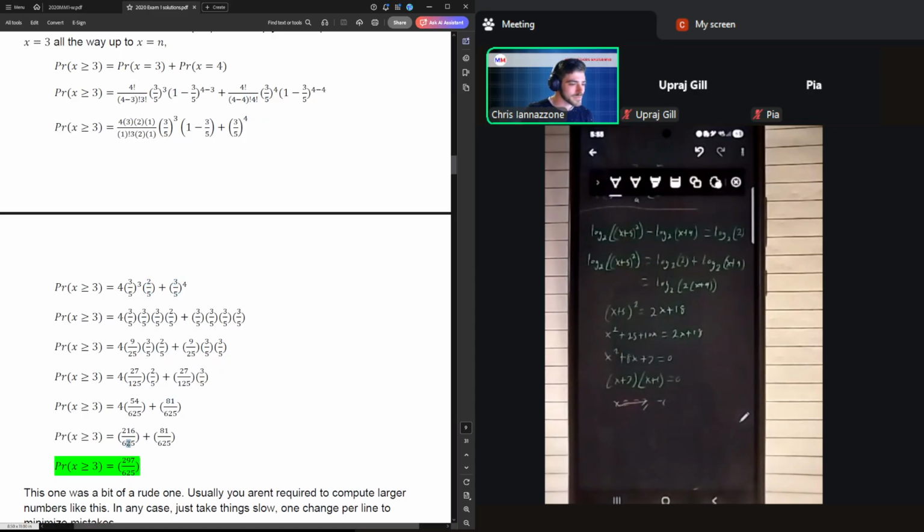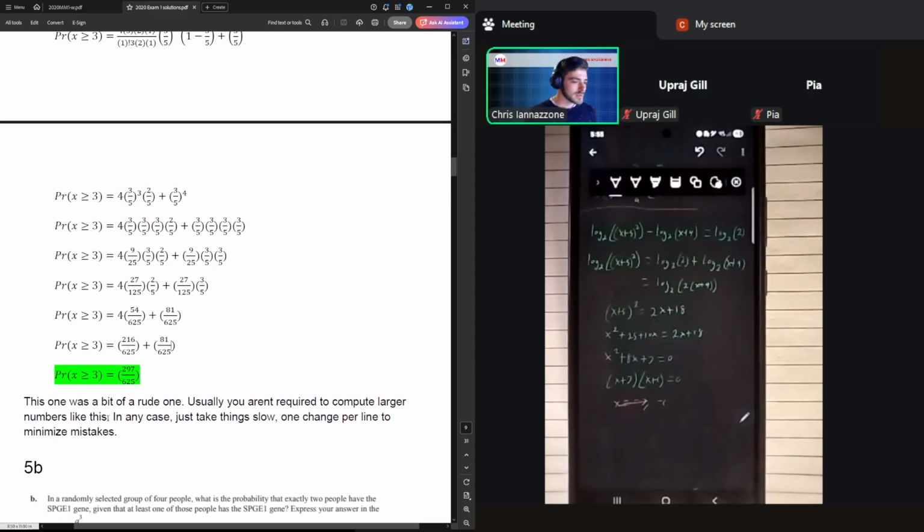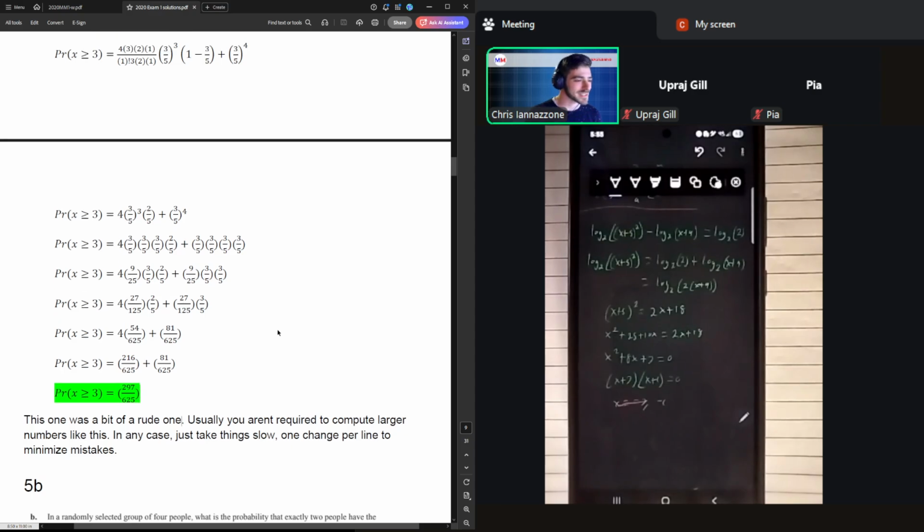They all have denominator 5, so there's no real complications around your denominator having to change. You get up to 625 pretty quick. This is not nearly as, quote, rude as I claim it to be. So yeah, basically just chuck a multiplier of 4 on this section of the answer, and you would have had it.